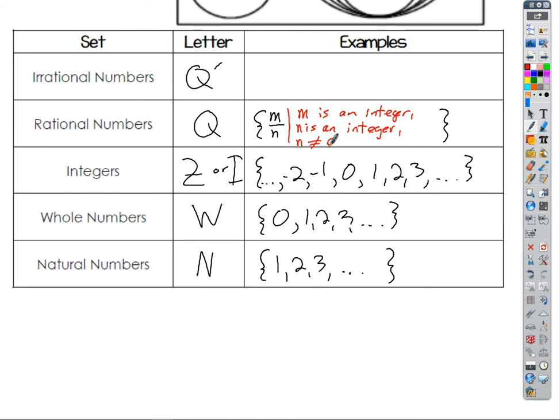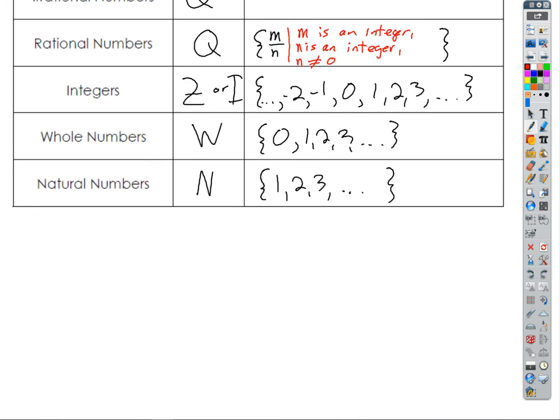There is a better way to say all that stuff, too. We could take all that stuff that I just wrote in red, and tell me if you like this better. I know I do. The set of all M divided by N such that, if I want to say M is an integer, here's an easier way of doing that.